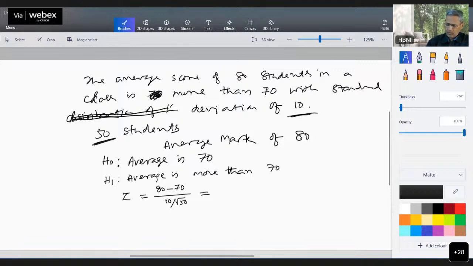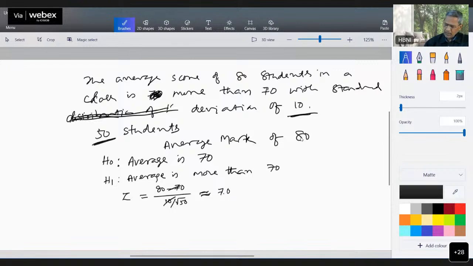If I do this, the 10 will cancel, so it will be 7 point something, so let's say 7. So my Z value is 7.